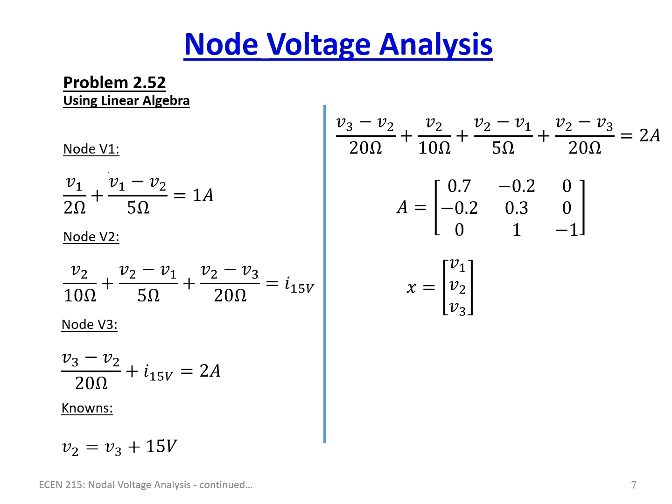So this is assuming, of course, X is V1, V2, V3, and the result vector B is 1 amp, 2 amps, and 15 volts. That's where all that comes from. So now we have 3 separate equations. And notice that the first 2 equations worked in amps and the last one worked in volts. It doesn't matter.